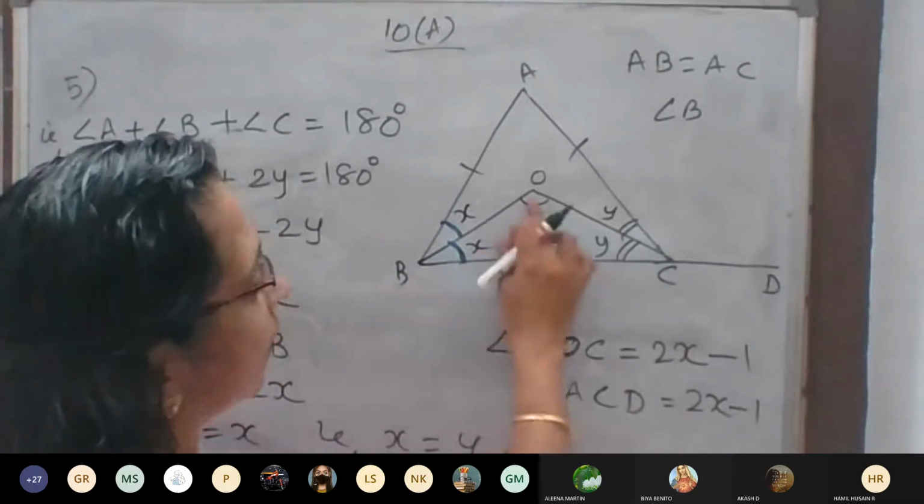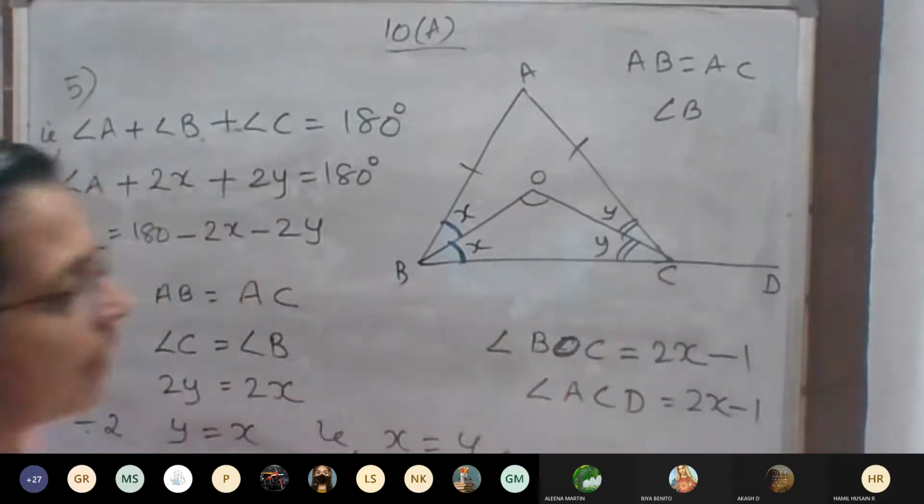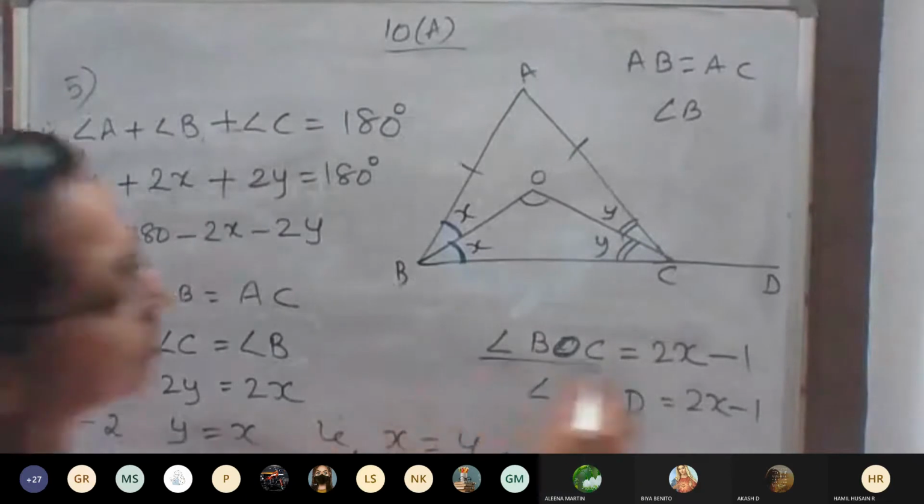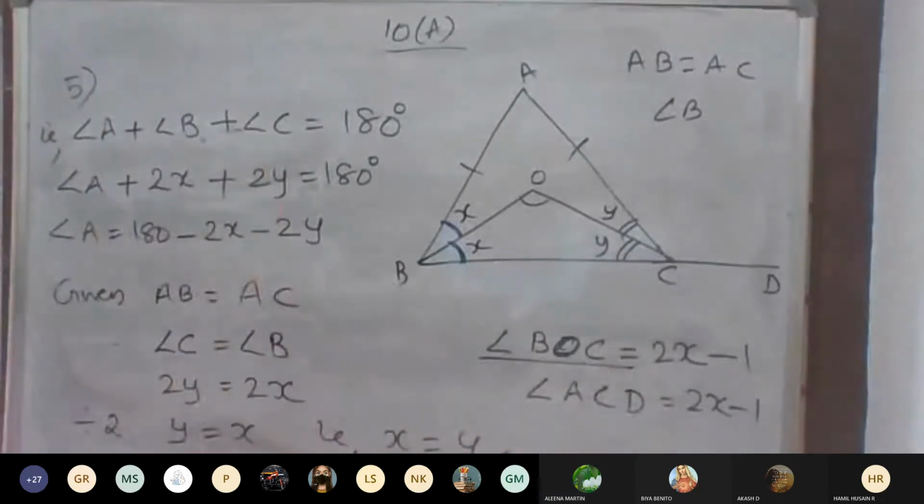If you want to find out angle BOC, which triangle do we have to consider? Triangle BOC itself. We want to find out BOC, so we consider triangle BOC. ACD we have to consider, which one?